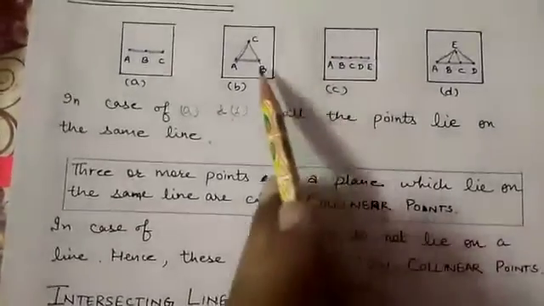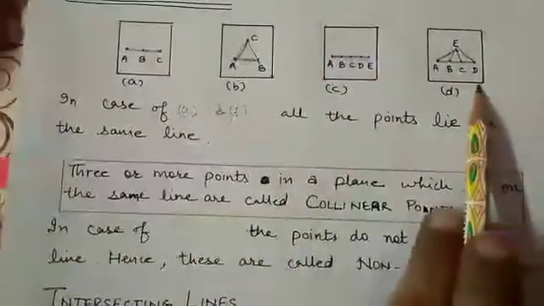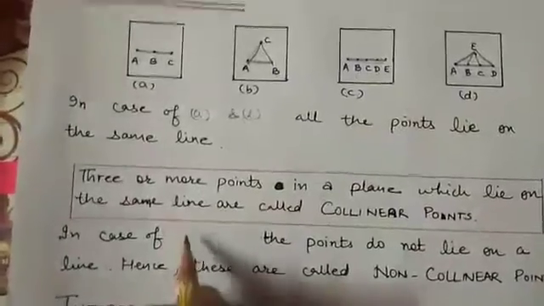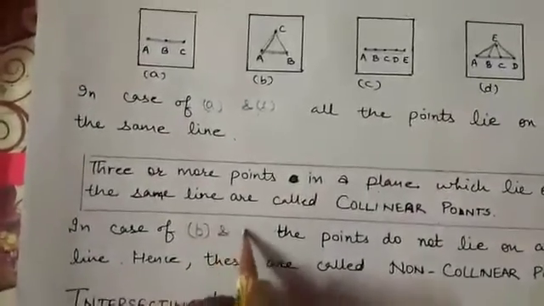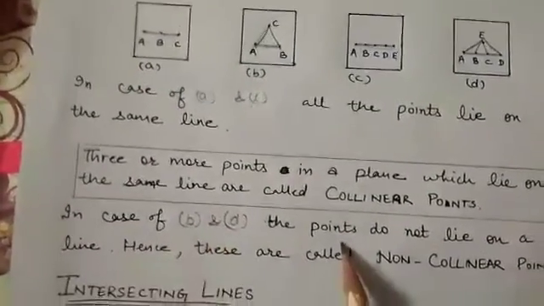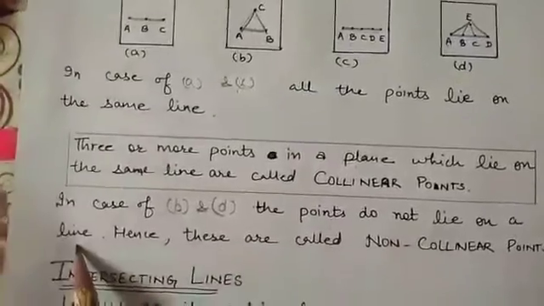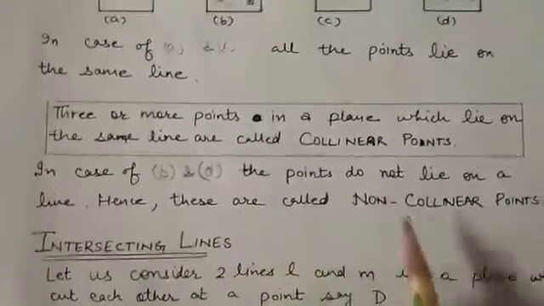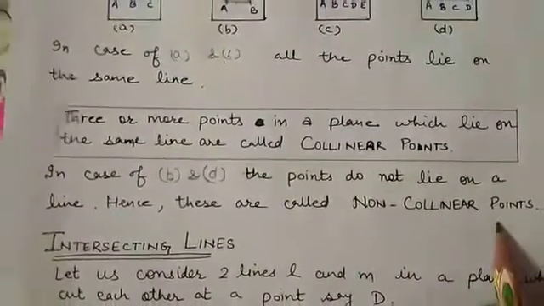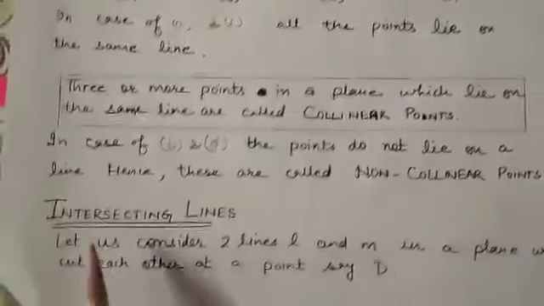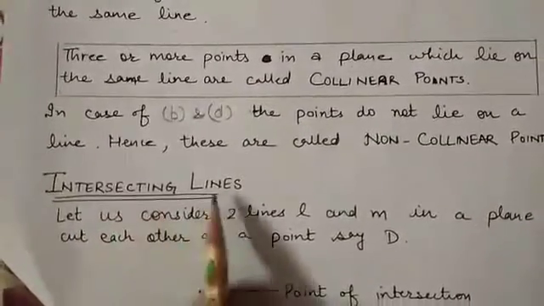If the points are not in a line, like in part B and D, the points do not lie on a line, so these are called non-collinear points. Clear?